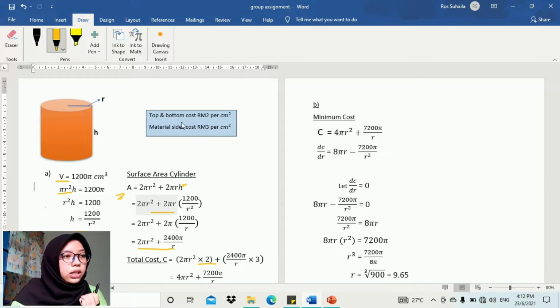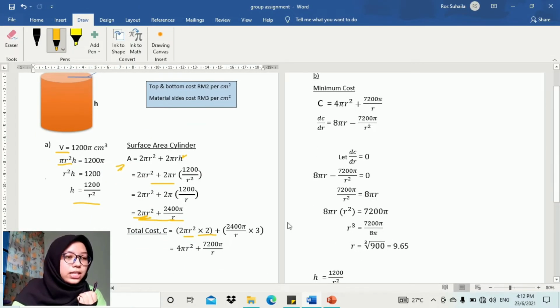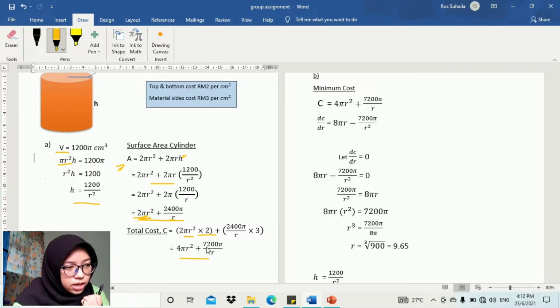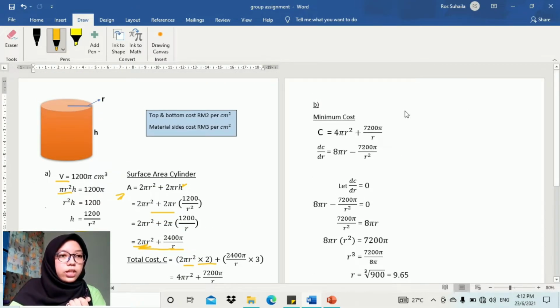Why? Because the top and bottom cost 2 ringgit per cm². This formula is the formula of the circle, the top and the bottom. And this is the formula of the side. So the top and bottom must multiply by 2 and the side must multiply by 3. So we get the equation 4 pi r² plus 7,200 pi per r. So this is final. So we find the total cost in an equation.